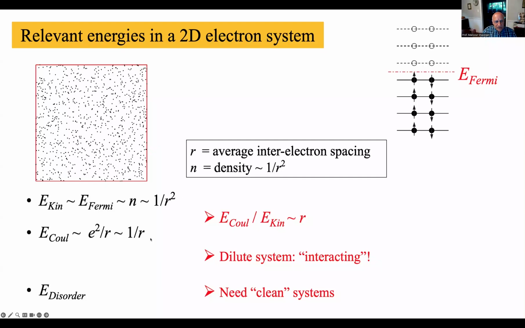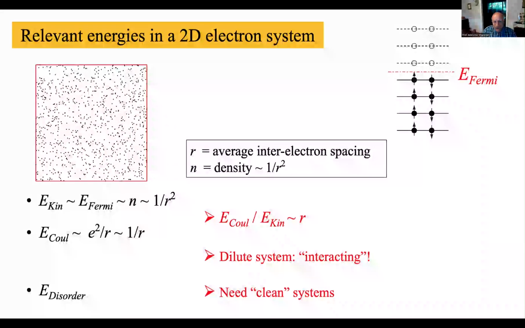For these states to exist, you need very strong or large ratios of the Coulomb energy to the kinetic energy. And this ratio, you notice, goes as r. It's a little unusual because the bigger r, that means a more dilute system. And indeed, when you think of it, in a 2D or 3D system, more dilute makes it more interacting because the kinetic energy drops faster than the Coulomb energy as you go to large r's.